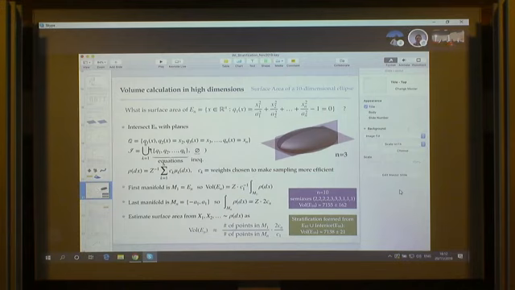To illustrate, suppose you want to know the surface area of an ellipse in a high dimension. So here's the equation for an ellipse. You can get this in other ways, but to illustrate it, we'll do it using sampling. But it's hard. There's no simple formula for the surface area of the ellipse.